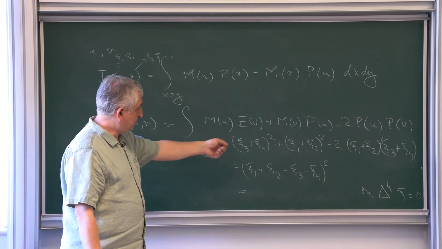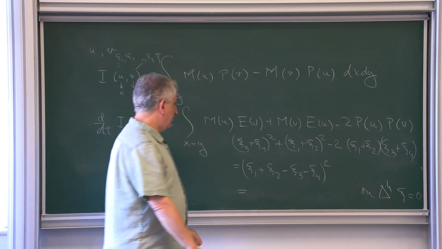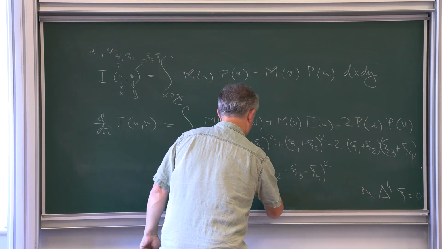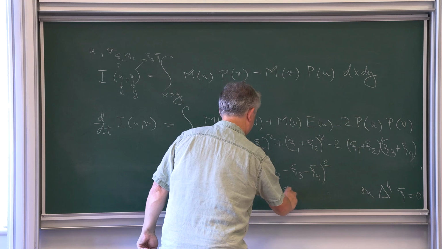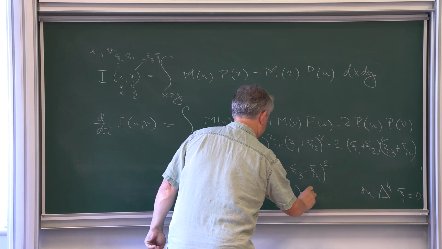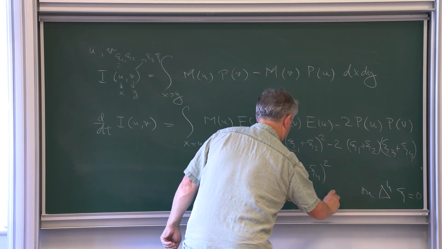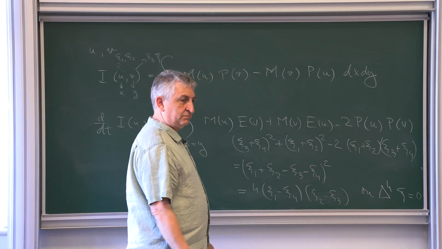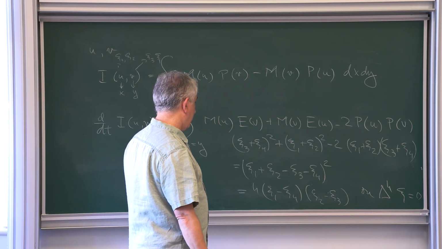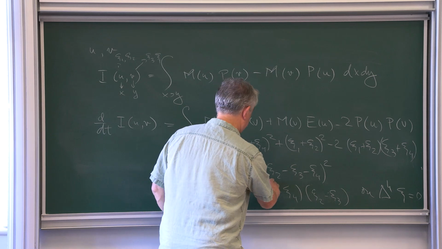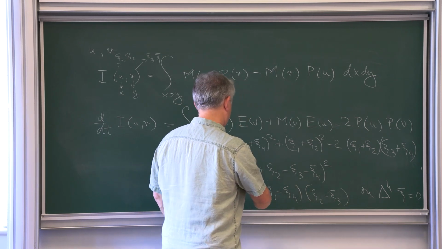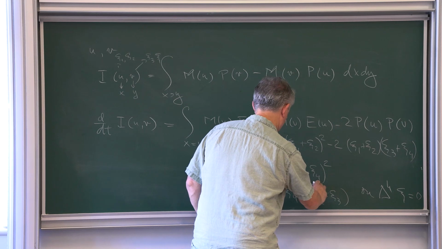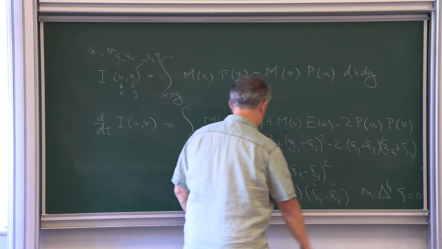And if you do the computation there, you get that this is something like 4 times, I don't know, (xi1 minus xi4) times (xi2 minus xi3). And then xi1 comes from u, this comes from v bar, this comes from u bar, this comes from v.